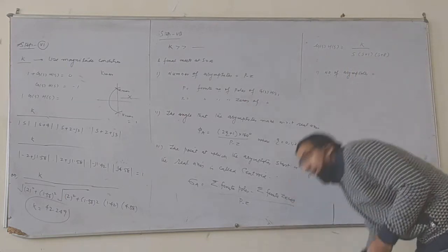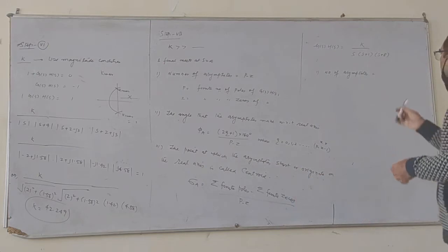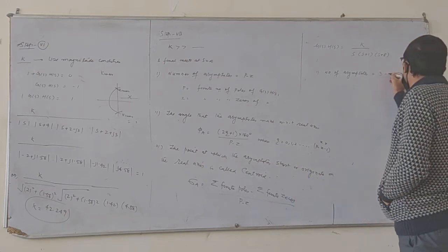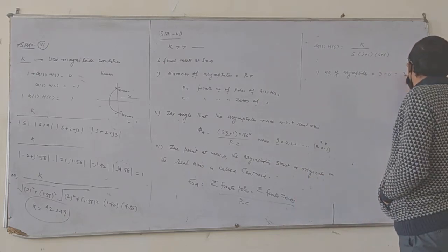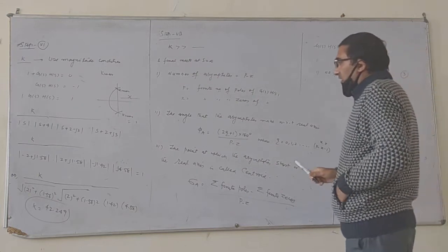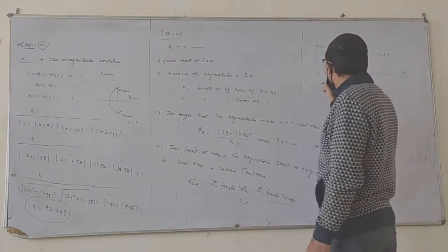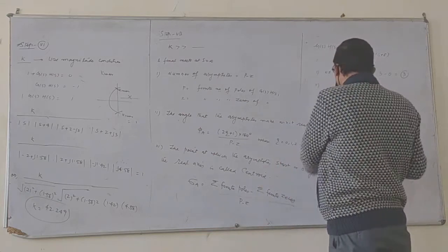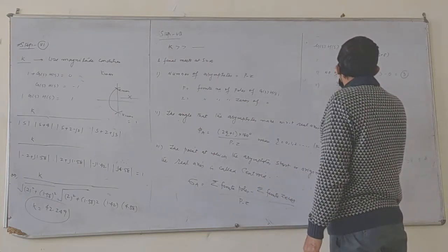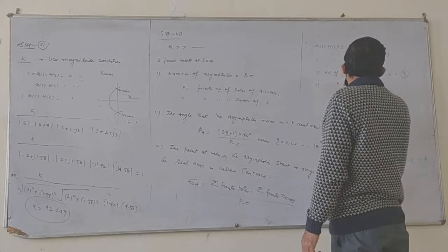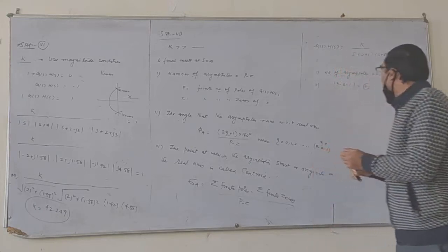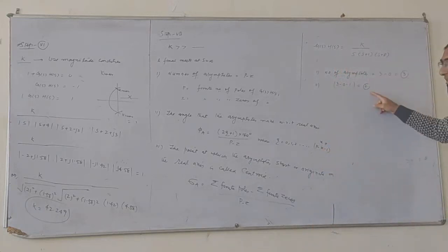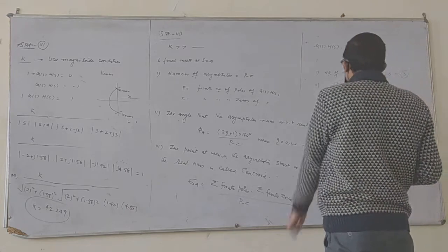So 3 minus 0, no zeros, so the number of asymptotes is 3. For the angles, P minus Z minus 1 is 3 minus 0 minus 1, which is 2.